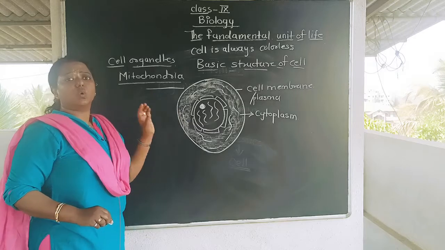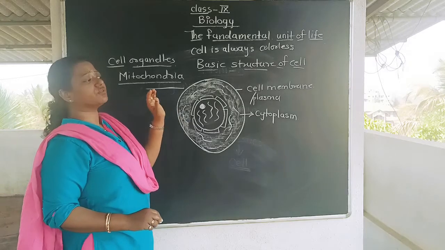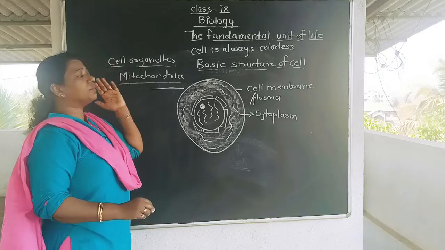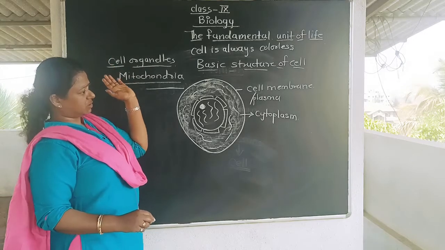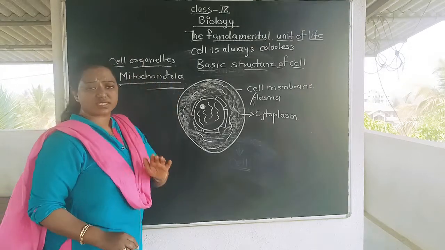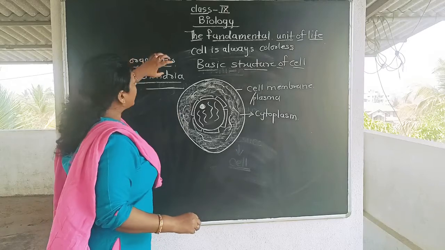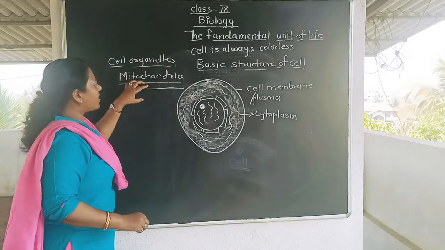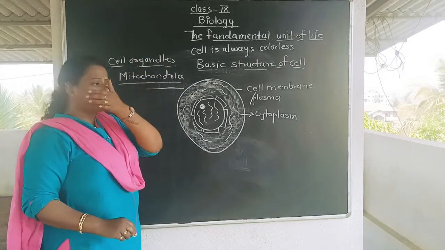Glucose is broken down into pyruvic acid, and this pyruvic acid along with oxygen produces energy stored in the mitochondria in the form of ATP. So the mitochondria is called the energy currency of the body.